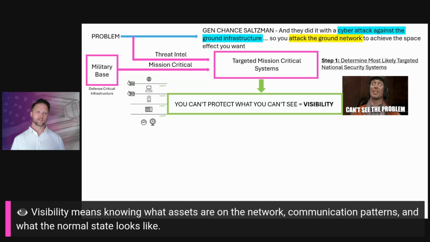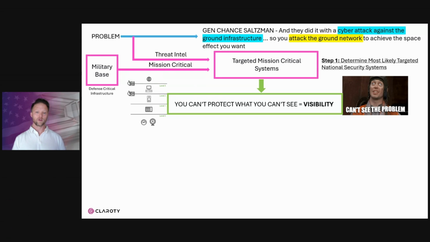If you can't see the assets that are on the network, then you can't figure out strategies on how to protect those specific systems. So if you think about a control system that's sitting on a fuel supply line, right, and that control system has a vulnerability in it, unless you know things like the model and the firmware version, you won't know if that system is specifically vulnerable.